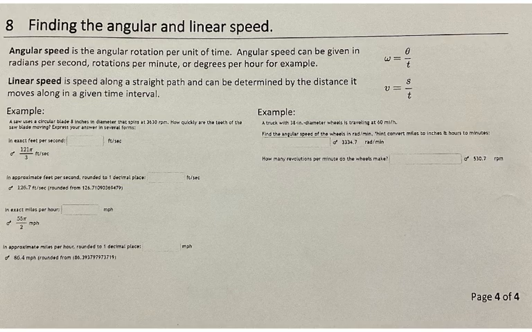To identify each of them, your angular speed, omega, equals theta over the amount of time. So how much did I rotate? Here, one full rotation would be 2 pi over time, 5 seconds. Versus your linear speed, which is the distance traveled over time.